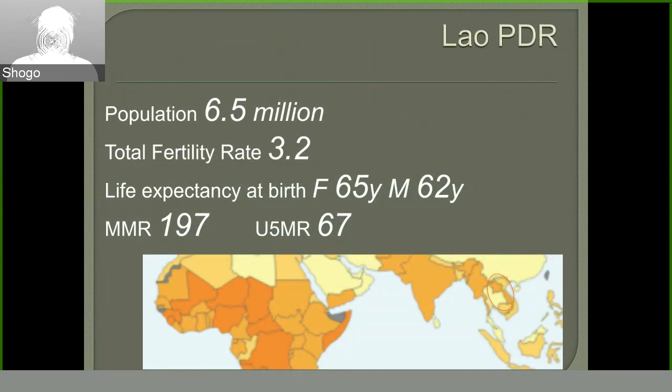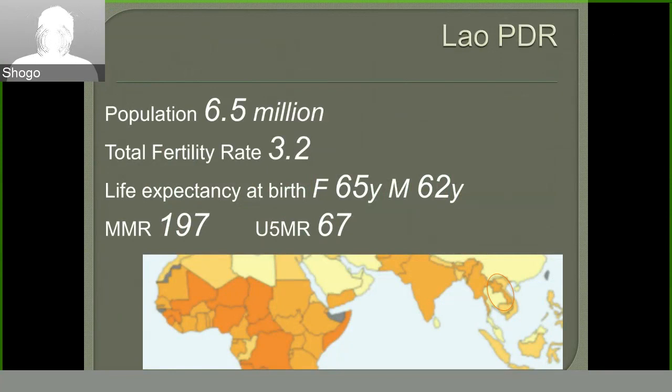This MMR has achieved the third most rapid reduction in maternal mortality among the 75 countries around the world, and yet in this region it is still the highest MMR. This map shows the darker orange, the higher MMR, and you can see Laos is the same color as many of the South Asian countries and also Eastern Africa.